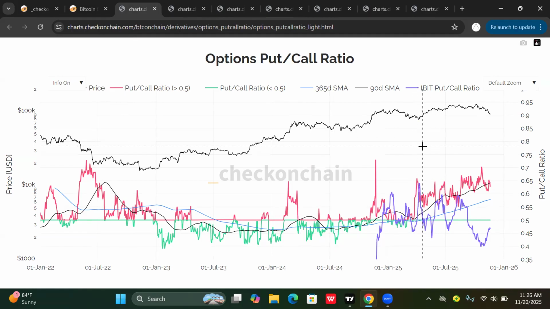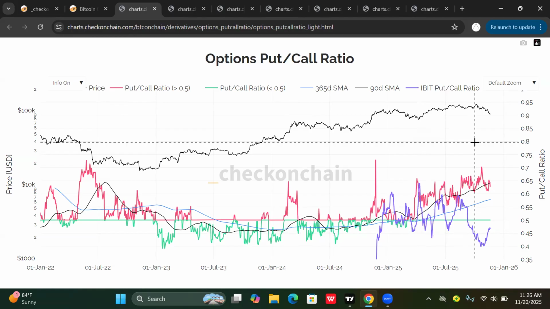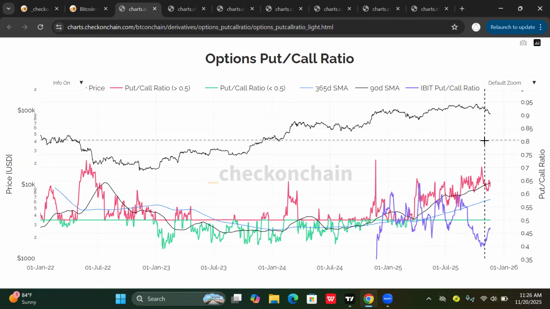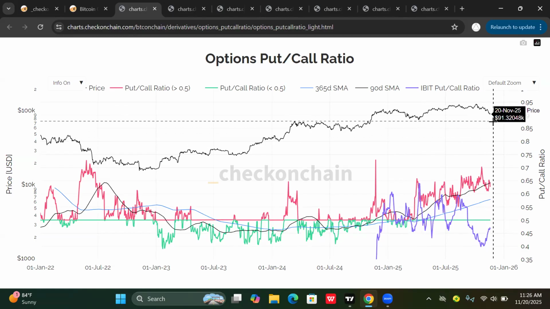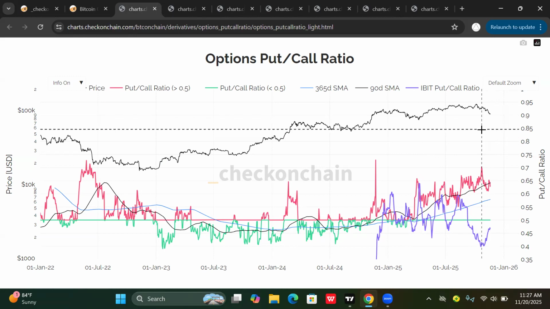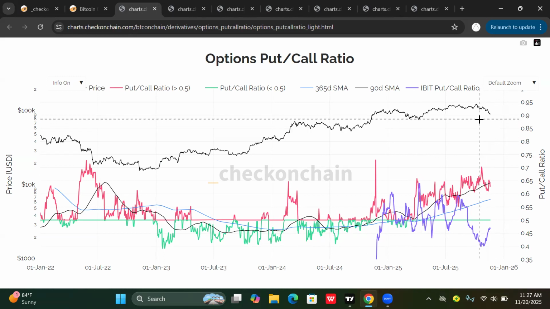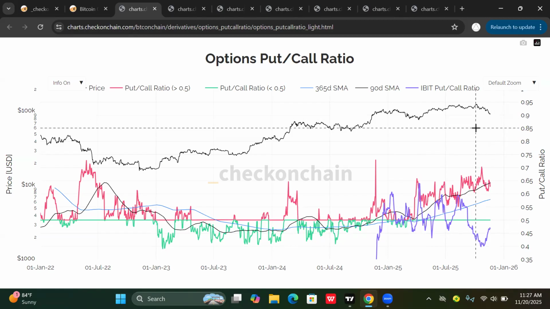The market has been bearish, if you will, all through, and we've been seeing Bitcoin going higher and higher. So I think this is just a minor pullback. A pullback to 80K wouldn't be a bad idea. So maybe back to 80K or somewhere around 85K would be nice.